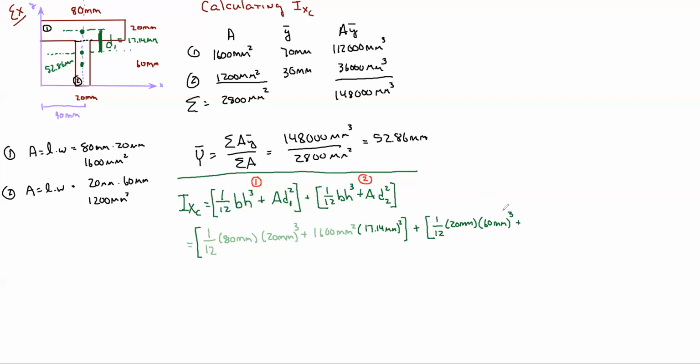We have to take into account how far the centroidal x-axis is from the centroid for that part. So the area we've already collected. That's 1,200 square millimeters. Now we need the distance, right? So what is the distance here?